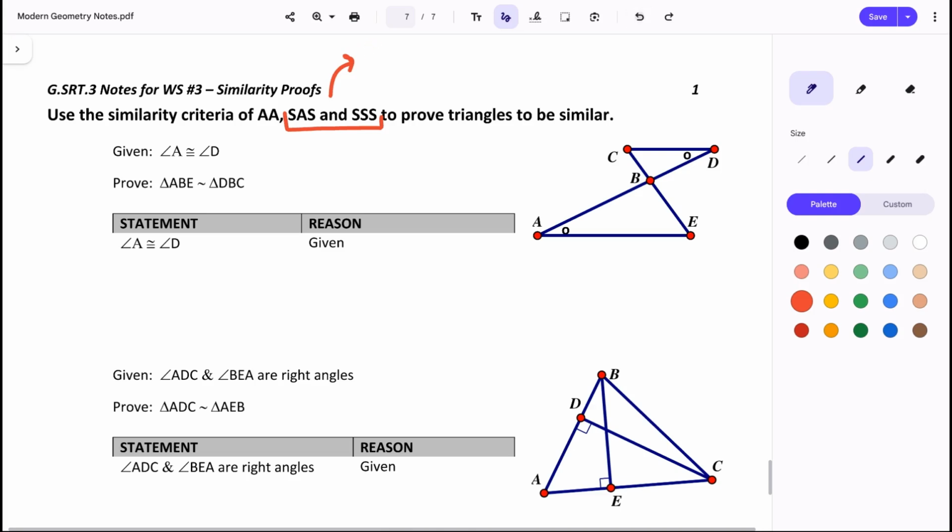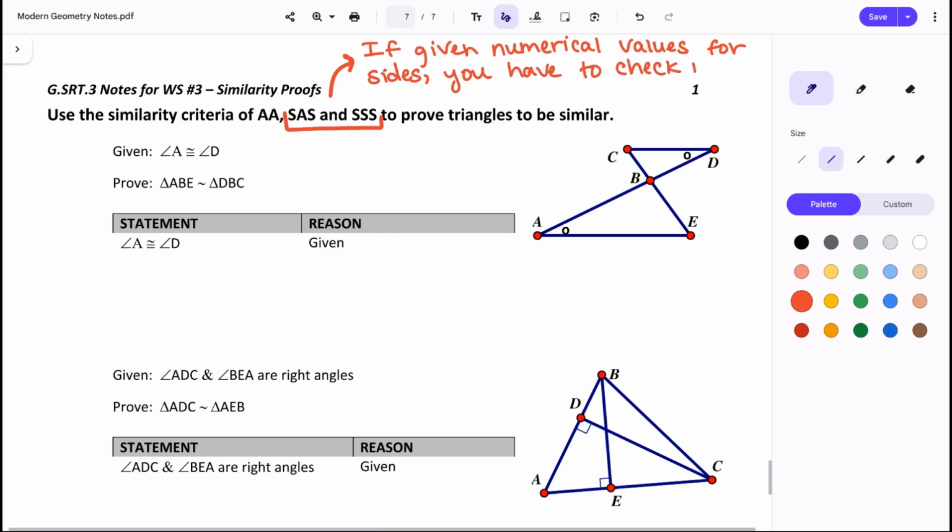If you're given numerical values for sides, you have to check if they are proportional to use these tests.